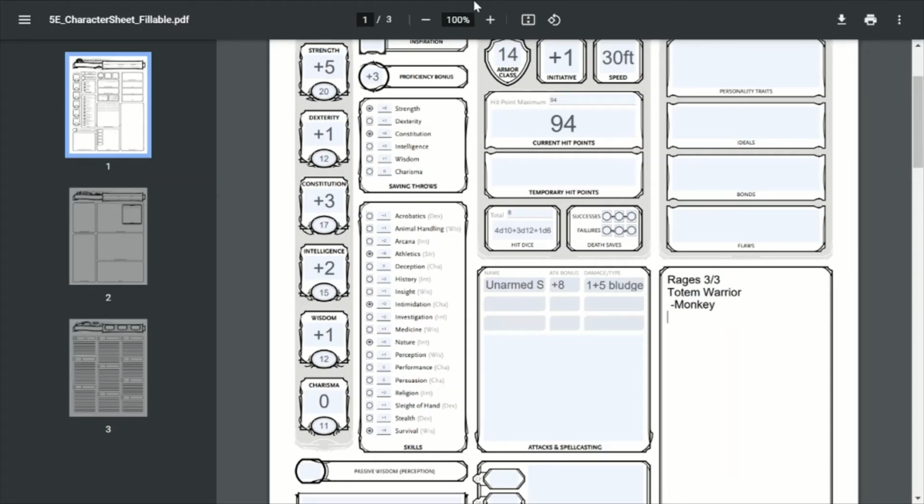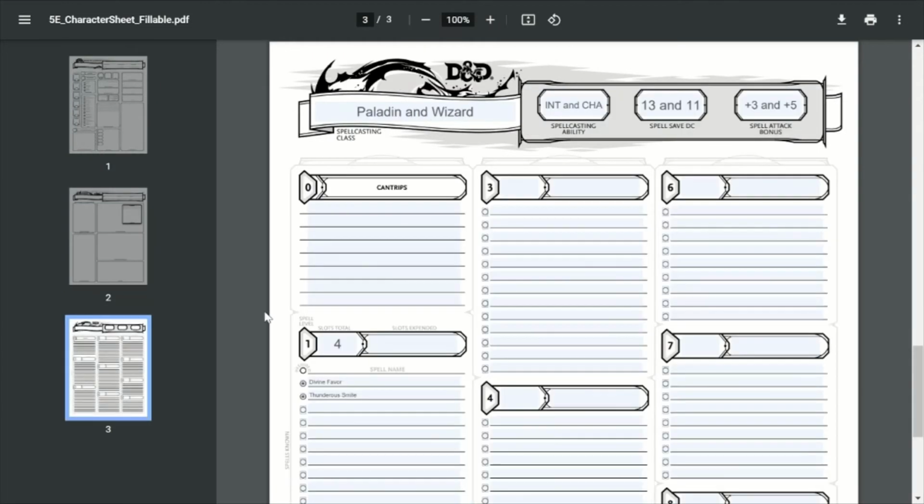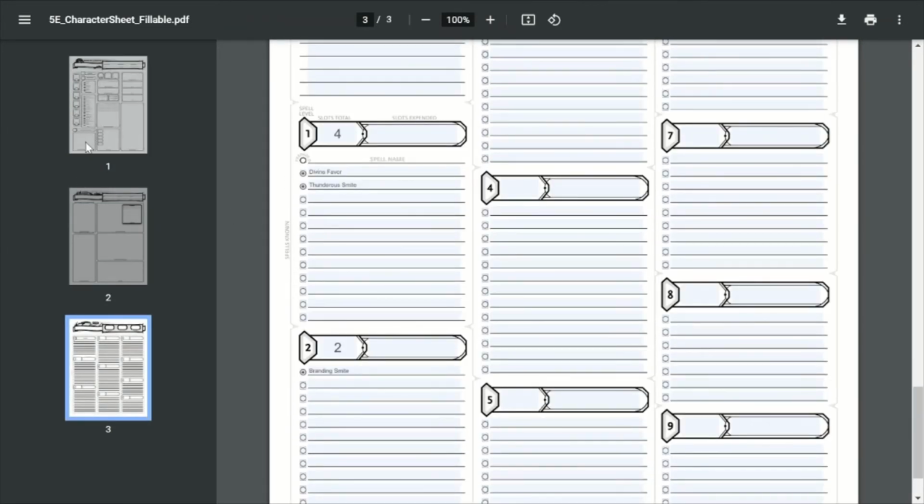So I decided that I would put the Totem Warrior in there. I added a Monkey. It has the same stats as the Bear Totem Warrior, so if you want to research that, you can. But this one is pretty much done, so I'd say that we should get to Diego.